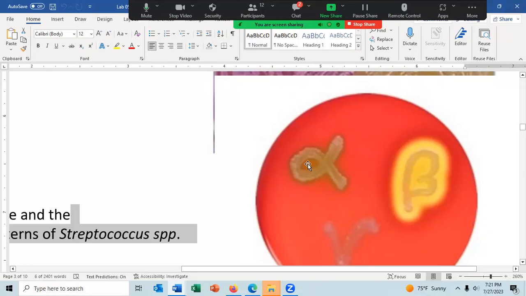So inside the alpha, it's dark, and that's because all of this region is showing alpha hemolysis, which is the same as partial hemolysis. Whenever you lyse some of the blood, but not all of the blood, you either see the blood agar plate becoming darker, or it may appear greenish in this area. Any question about any of that?